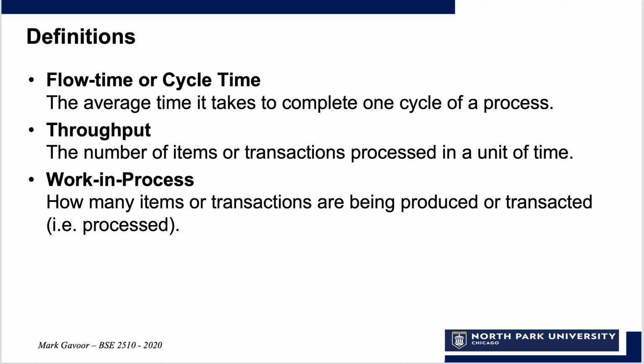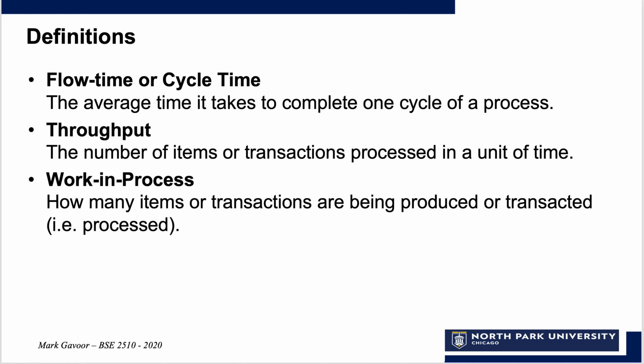His formula is very simple. It involves three variables: flow time or cycle time, and that's the average time it takes to complete one cycle of a process, or to process one unit or one item or one person. Throughput, as we discussed last week, was the number of items or transactions processed in a unit of time.